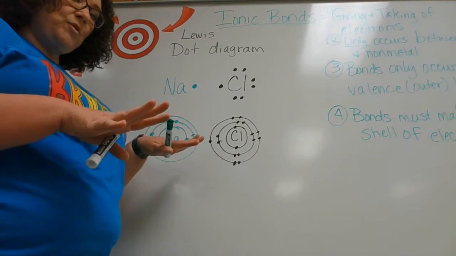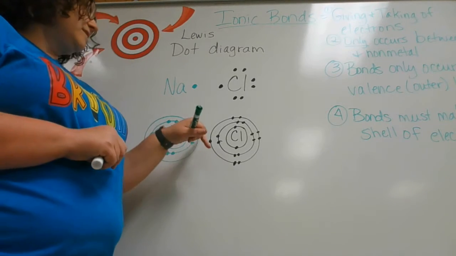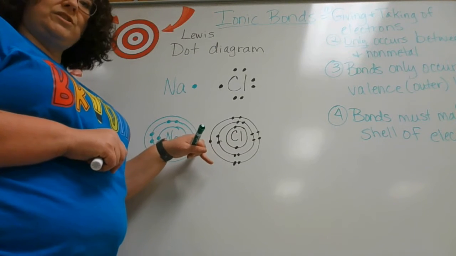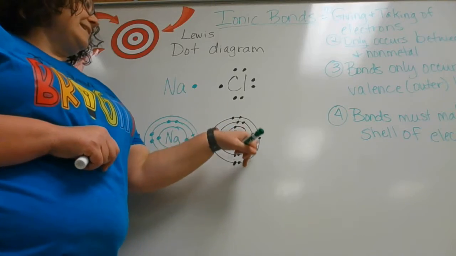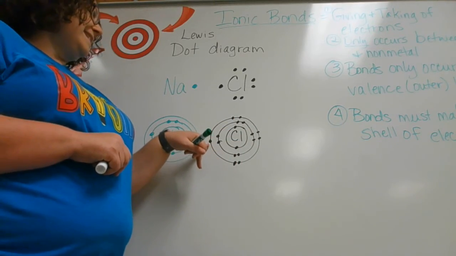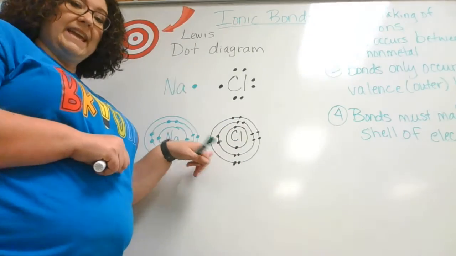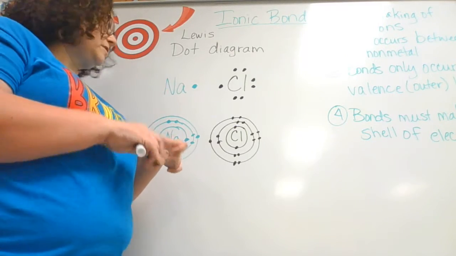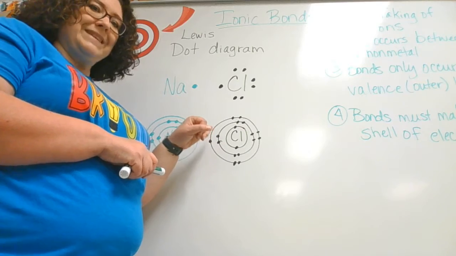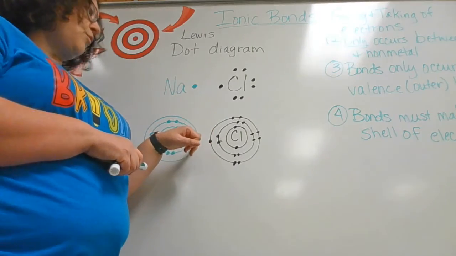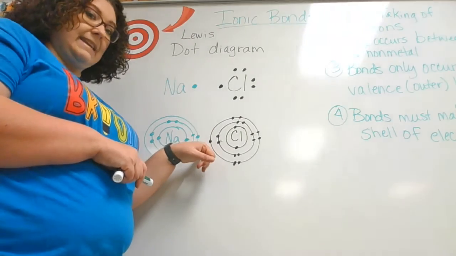Okay, it's stable when it has 8. It's very unstable with just this 1 right here. So chlorine is unstable because it has 7 and it needs 1 more to become stable. So it really wants to bond with any element that has 1 electron that it can give it.